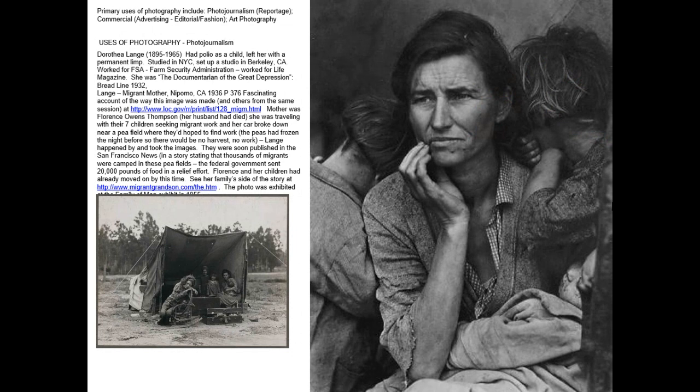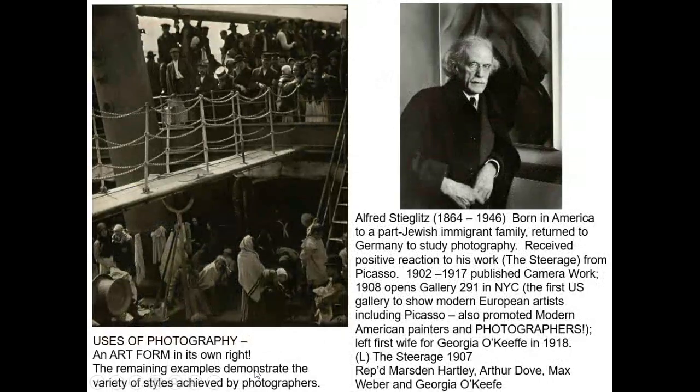We looked at this example in particular as an example whose main purpose is photojournalism, but we can talk about the artistic skill that went into taking this photograph, making this composition, and you can clearly see that the photographer here, Dorothea Lange, took multiple shots, multiple different compositions to arrive at the photograph that we recognize as the most iconic image of the Great Depression, the image at the right. But you can see this is the same family here to the left, photographed on the same day, essentially the same photo shoot, so to speak.